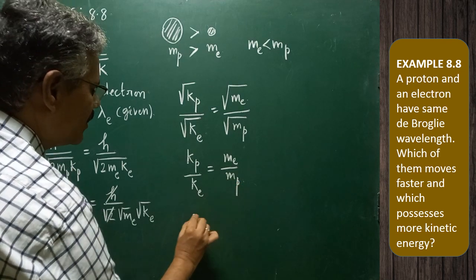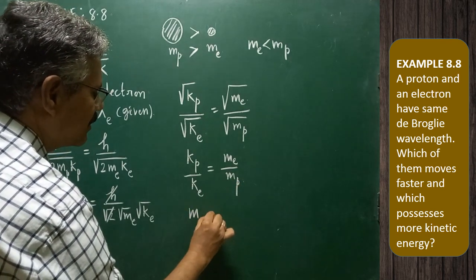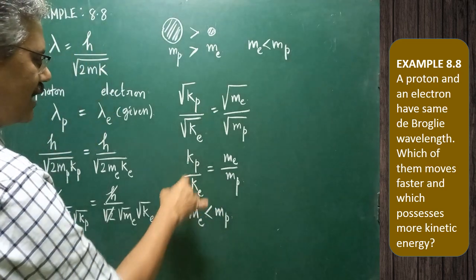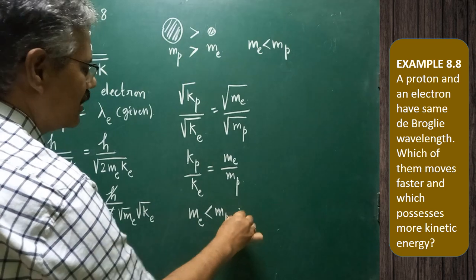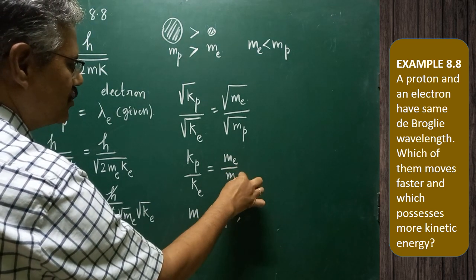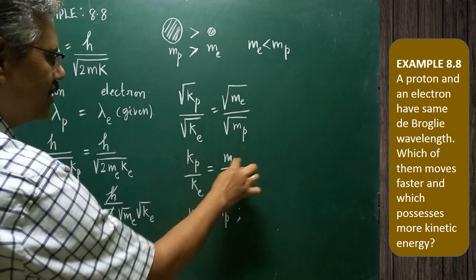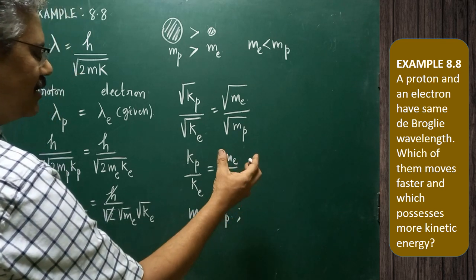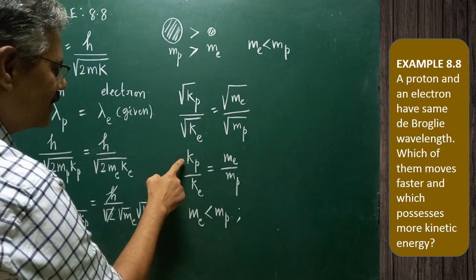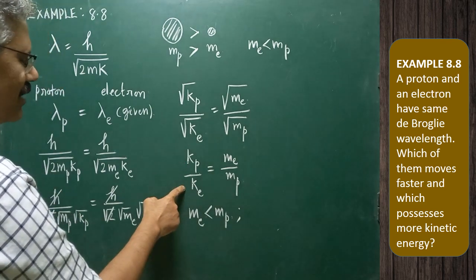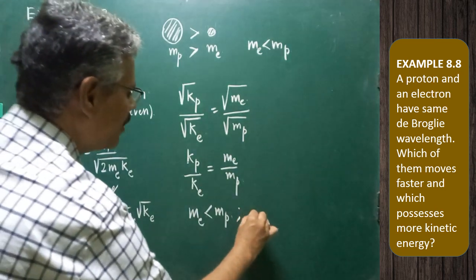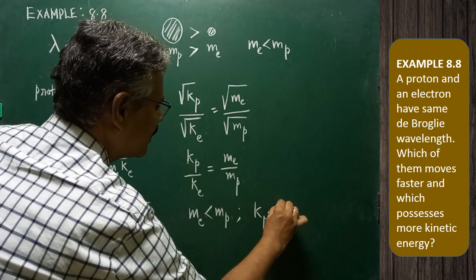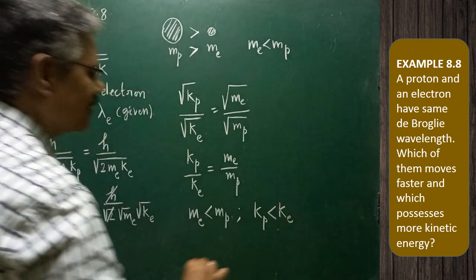This ratio should be equal to this ratio. A lesser number divided by a greater number will give a fractional value. Like this, this factor divided by this factor also will give a fractional value. So in the same order you write: kinetic energy of the proton must be lesser than kinetic energy of the electron.